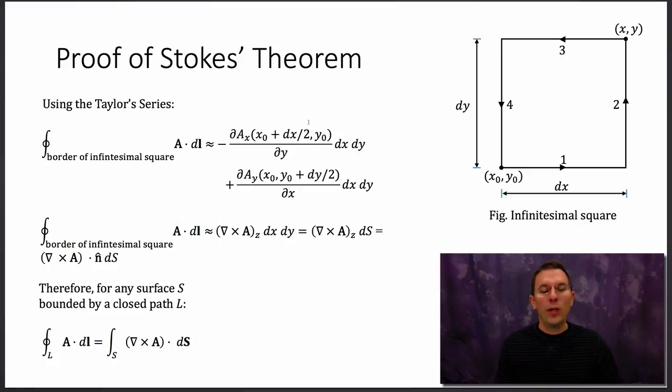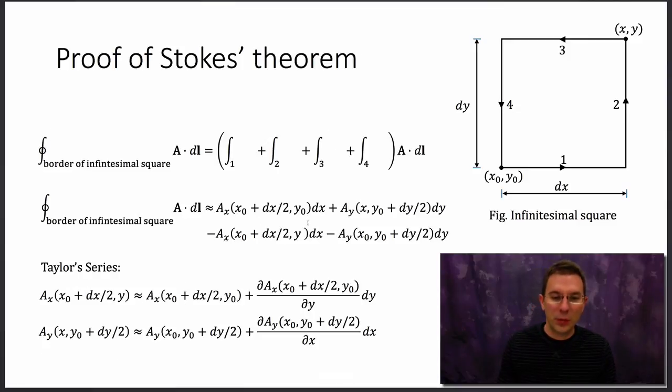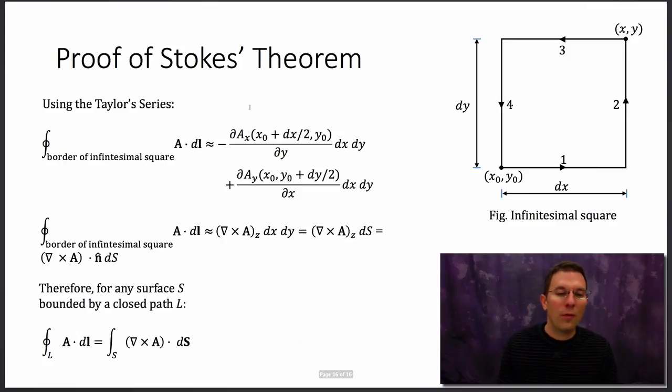When you substitute in for these expressions using the Taylor series and add them up, you get the following right here. Partial of the x component with respect to y times this little differential area, which is just the area of the square, plus the partial of the y component of A with respect to x times again this little area.